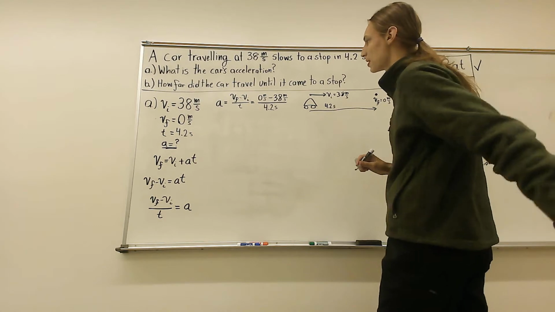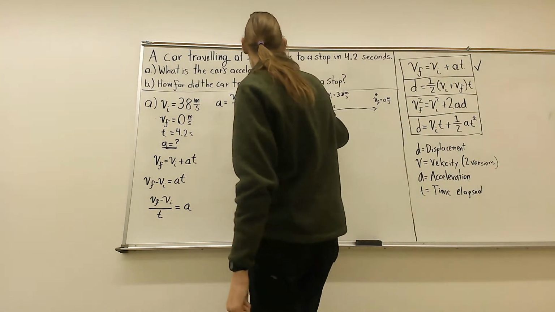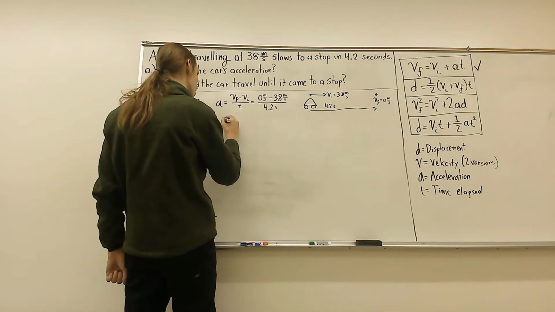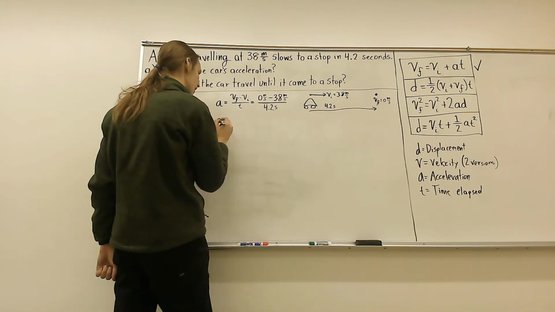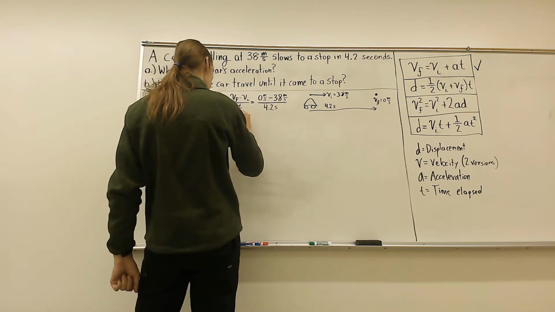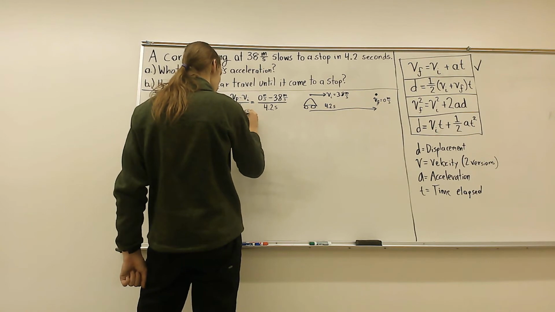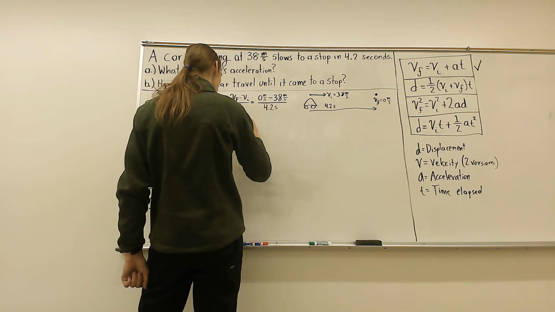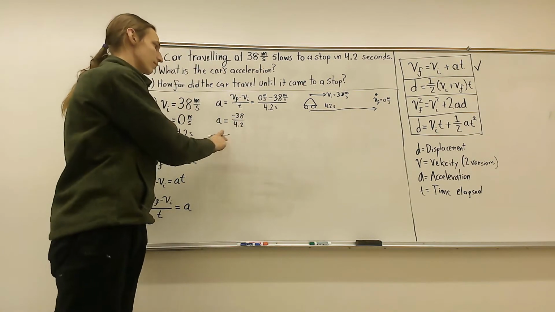So this is going to be our acceleration. So let's simplify this. We know that our acceleration is going to be equal to negative 38 over 4.2. That's the number part of our acceleration.